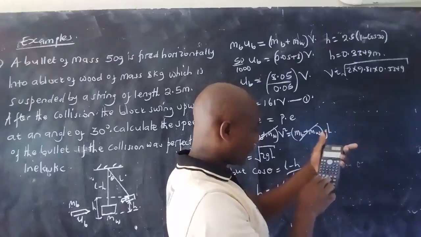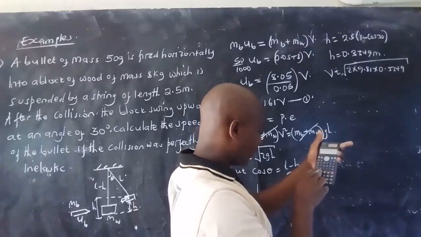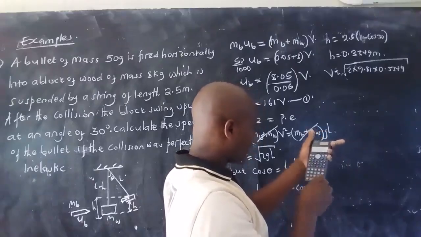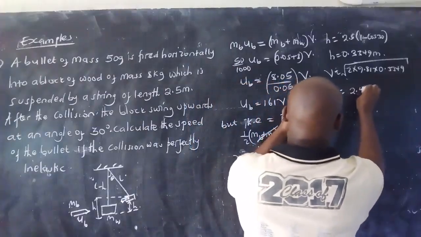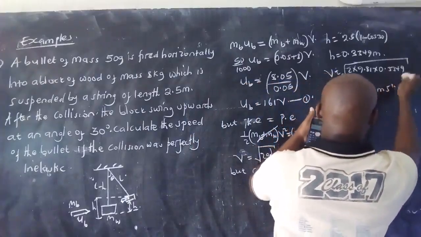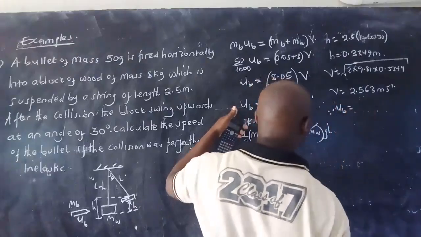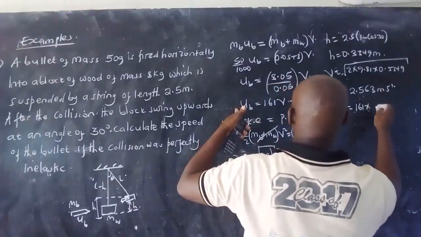We have our v will become 2.563 meters per second.